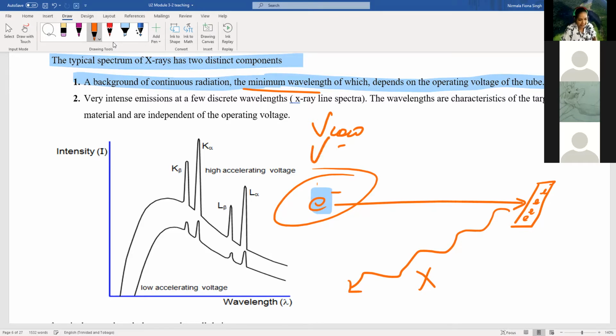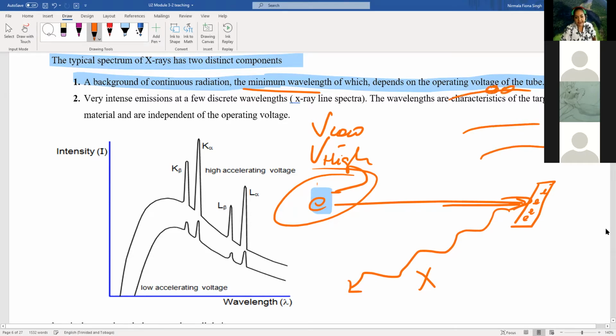Now, if I use a high voltage, that means I'm giving a lot of energy to that electron. So as it hits the metal here, it is going to transfer that high energy to these electrons. So these electrons are going to, number one, have more energy to excite the electrons. So not just the outer shell electrons will get excited.